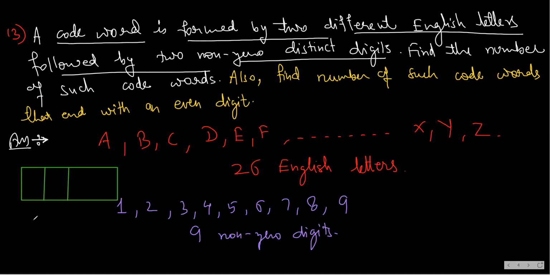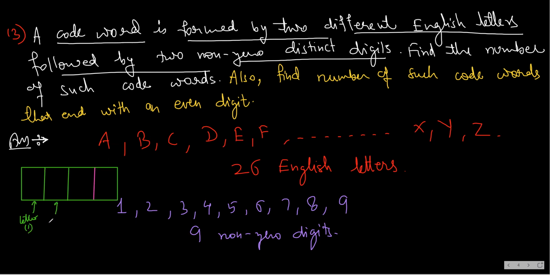Now those 2 English letters are followed by 2 non-zero digits. So here, what do I have at the first place? This is an English letter. Letter number 1.